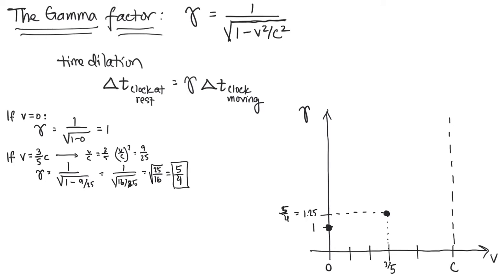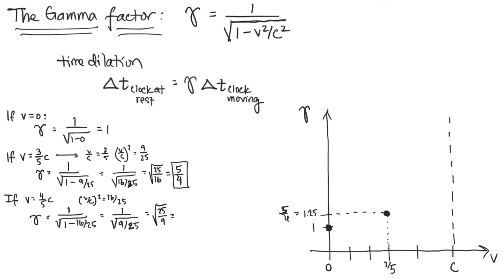Let's pick a couple more. If v equals 4/5 c, then (v over c) squared is 16/25, which is similar to the previous example, but a little bit different. 1 minus 16/25 in that denominator gives 9/25 in the square root, so it's the square root of 25 over 9, which is 5/3.